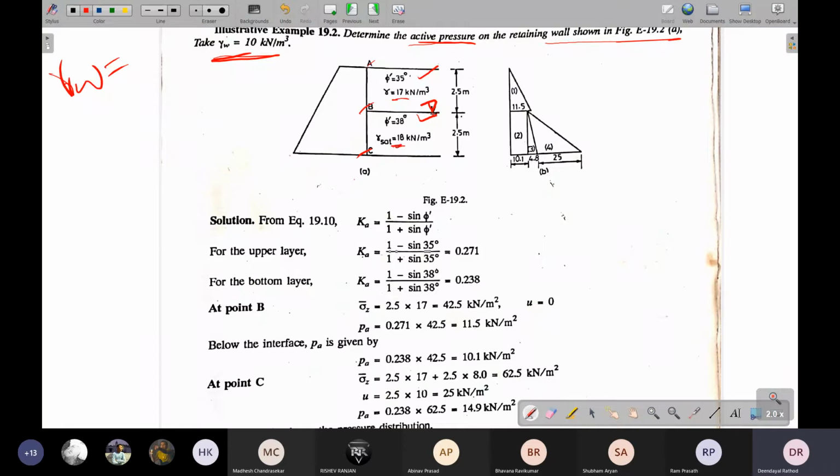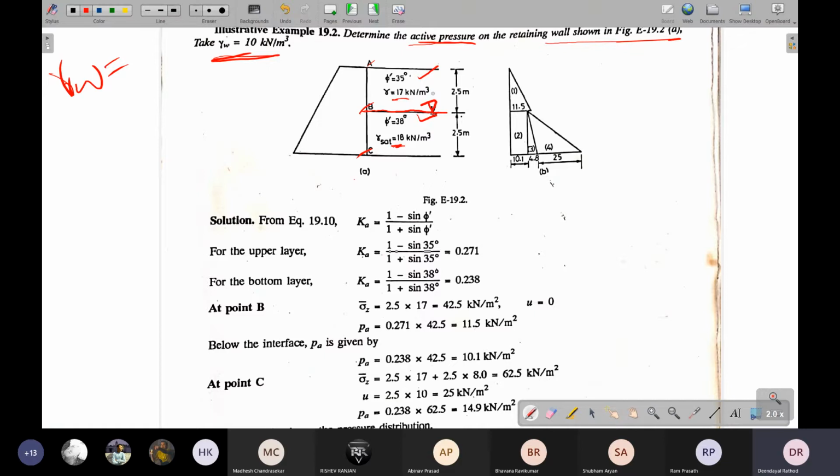Understand? Now here phi value is changing. In that case, this layer we call an interface layer. When you calculate the earth pressure, we have to take it as upper layer and lower layer. Anyway, I'll tell you what it is exactly.